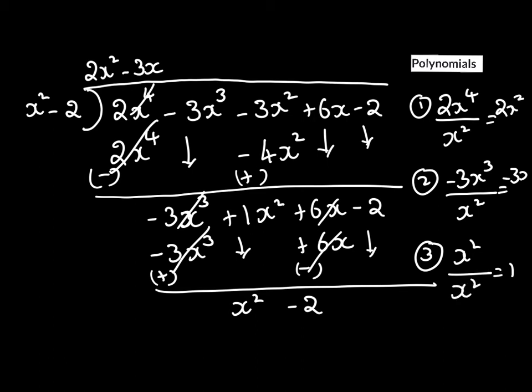So the third term of our quotient will be 1, and when we continue the division process and after subtracting the terms, the remainder is going to be 0. So we found out the quotient to be 2x squared minus 3x plus 1.